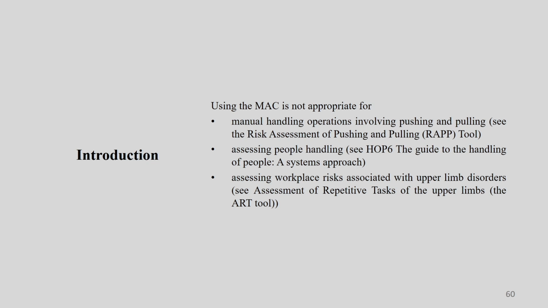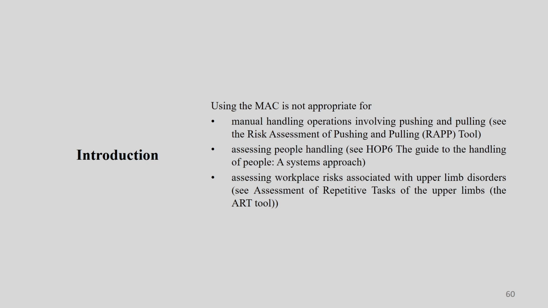Now, this MAC, the manual activity assessment chart, is not appropriate for certain cases. We should know where we cannot use this particular tool, because otherwise we may use it in the wrong place.